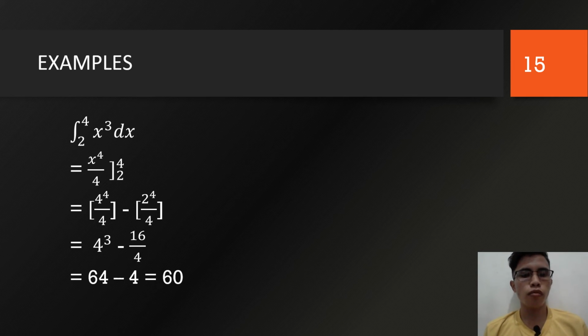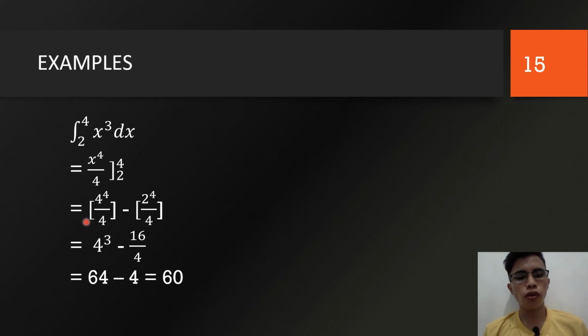So let's try another example. Integrate x cubed dx from 2 to 4. So first, we're going to find the integration of x cubed, which is equal to x to the fourth all over 4, and it will be evaluated from 2 to 4. So substituting the value of the upper limit, which is 4, to the given function, it gives us 4 raised to 4 all over 4 minus the value of the lower limit, which is 2 raised to 4 all over 4.